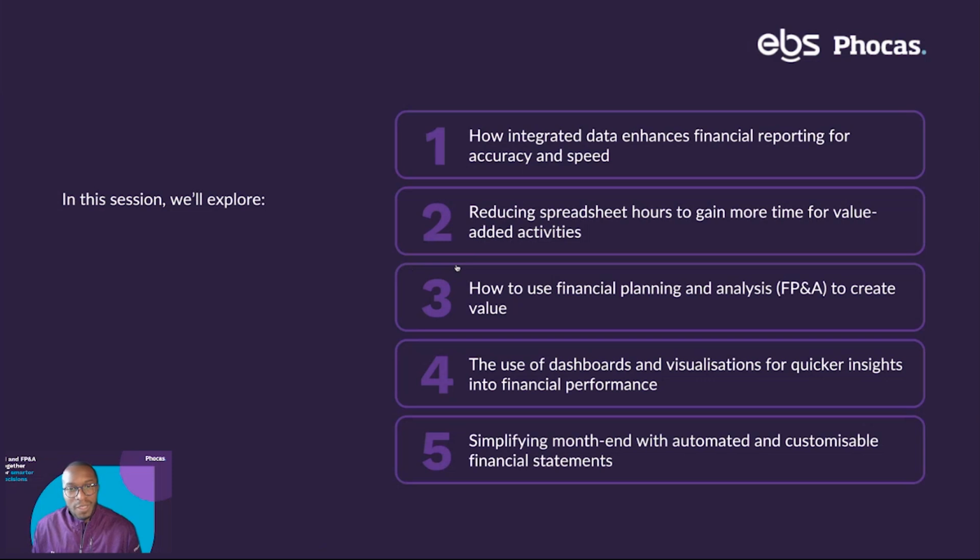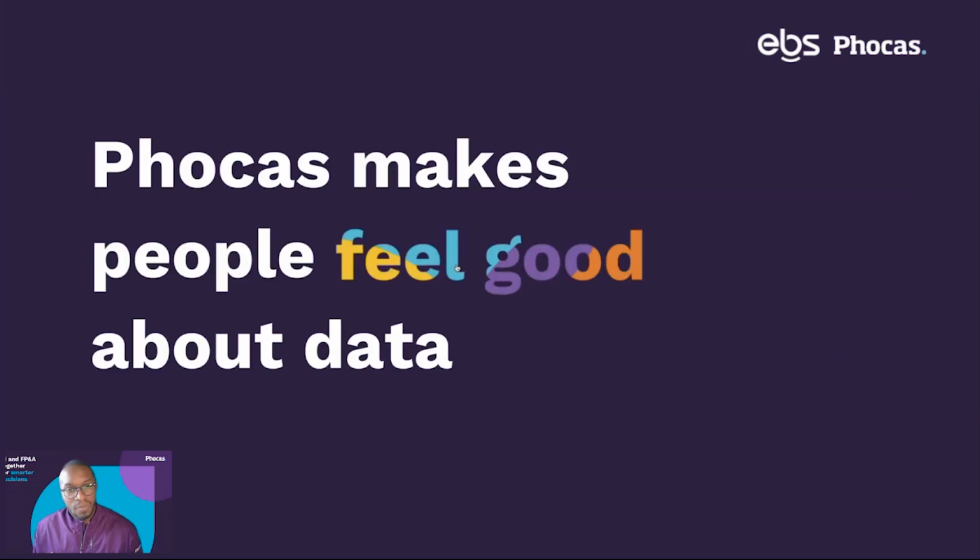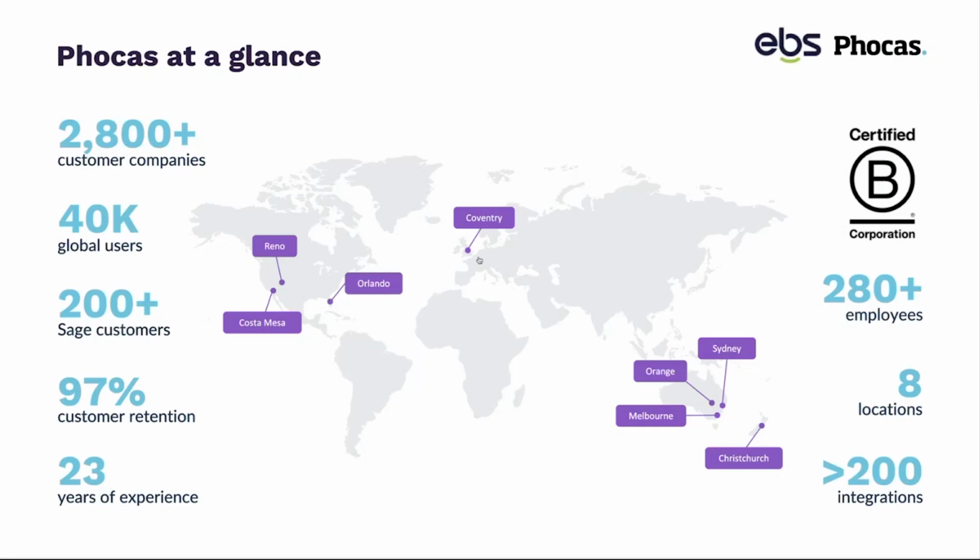But before we go into the detail around that, a little bit about Phocas. Who are Phocas? Phocas, very simple, have a very strong mission statement, which is we help our customers feel good about data, whether that's analytical, financial, or budgeting. Fundamentally, everything we do is centered around this philosophy. In terms of the business at a glance, Phocas isn't a new business. We've been going for 23 years.